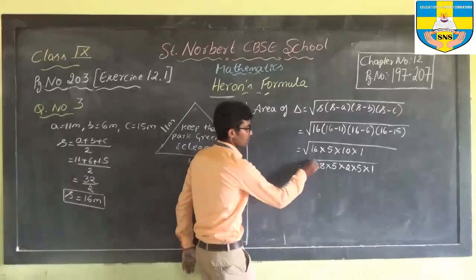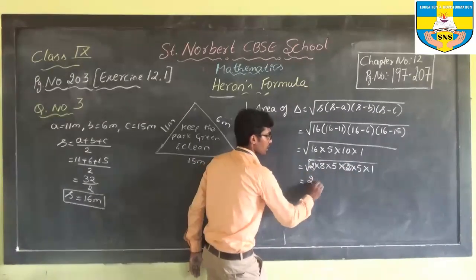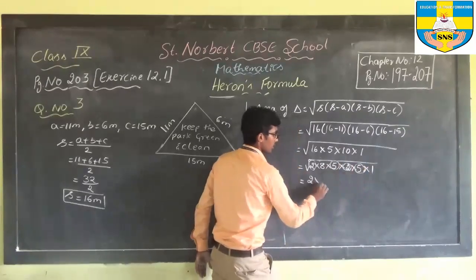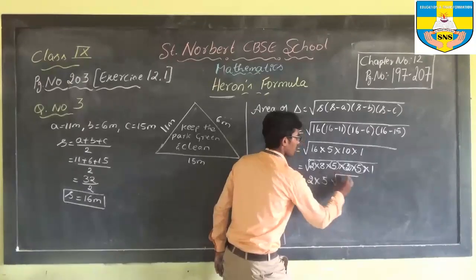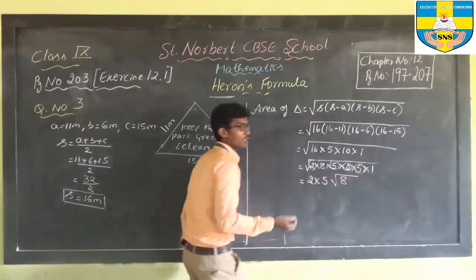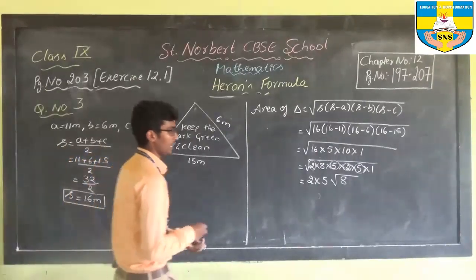Now look at this 2, we can make one group, take out of the square root, 5, another, take out of the square root, what is remain? Square root of 8 into 1, or into 1 you can neglect. Even if you are not writing into 1, it's not going to make any difference.